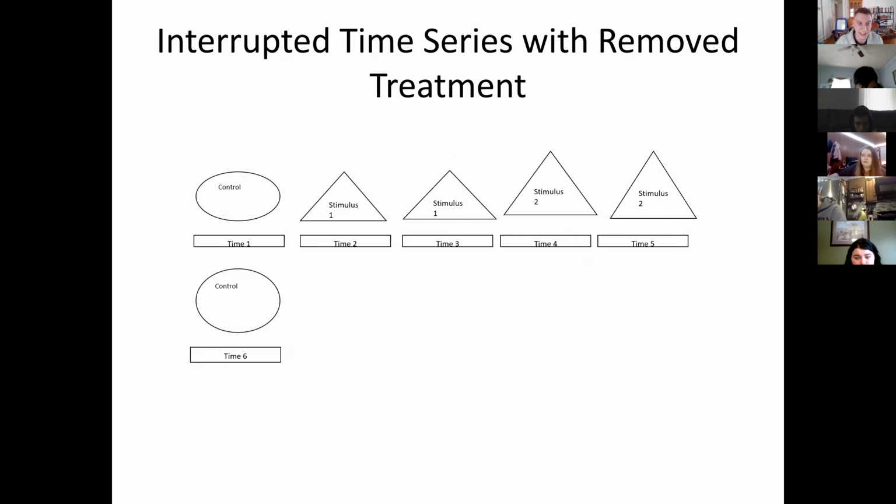Then you can get kind of fancy over multiple times of measurement. At time one, nothing is happening, and then you get a low level of exposure to the stimulus at time 2 and time 3, and then a higher level of exposure at time 3 and time 4. And then you're taking measurements of whatever it is.